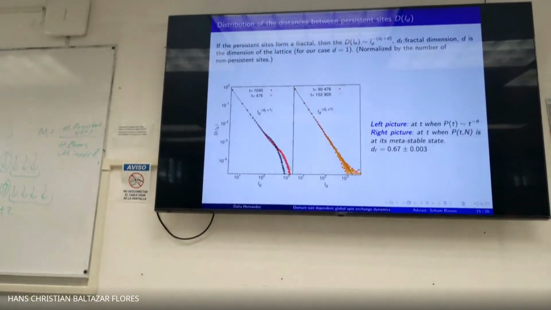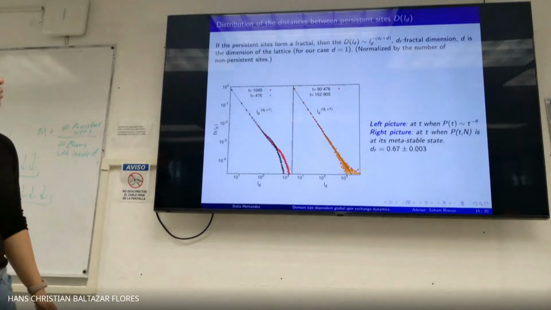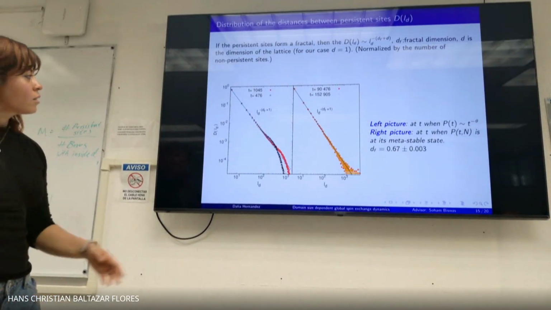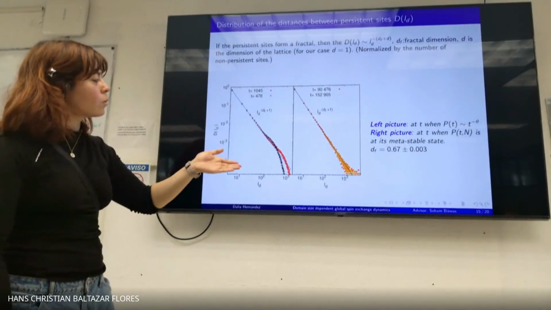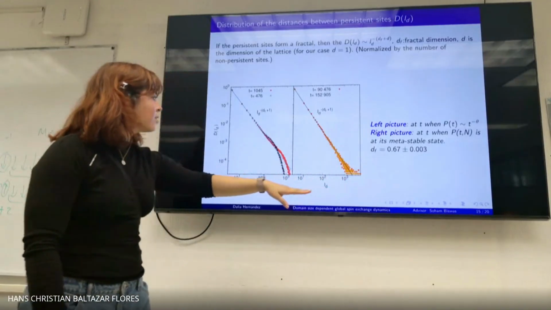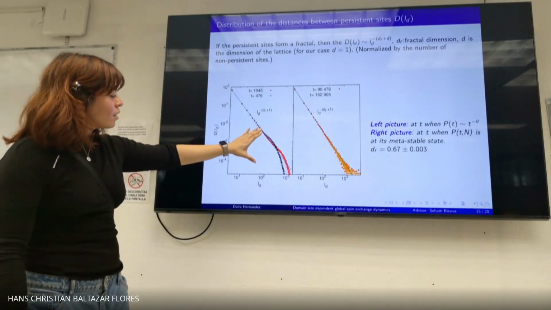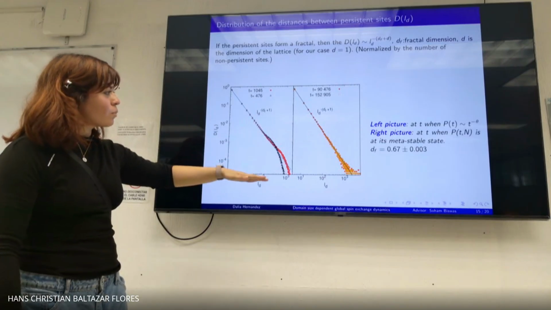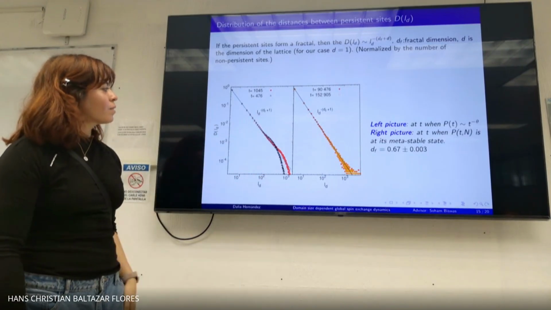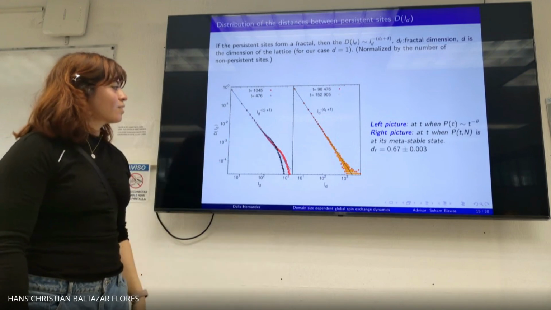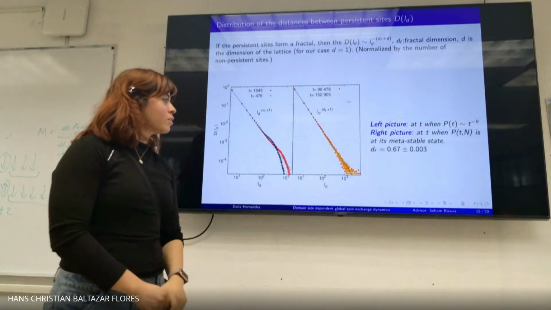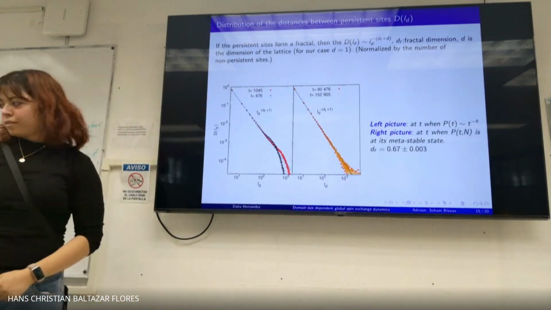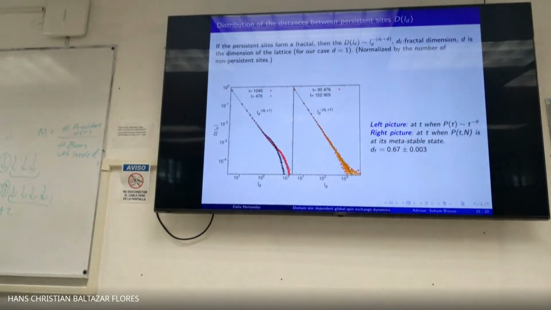We measured the distribution of the distances between persistent sites. This is for times where persistence is decaying as a power law, and here when it is saturated. Here we see this cut because large domains are still not formed. And we find a fractal dimension of 0.67.